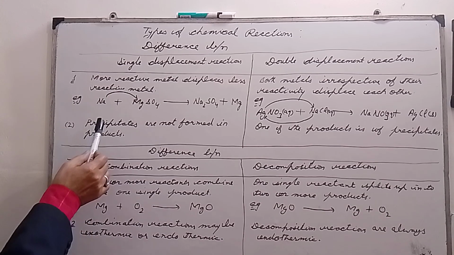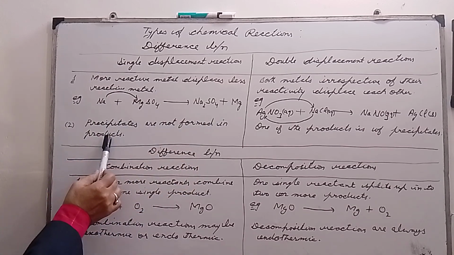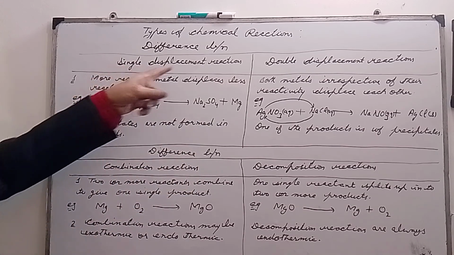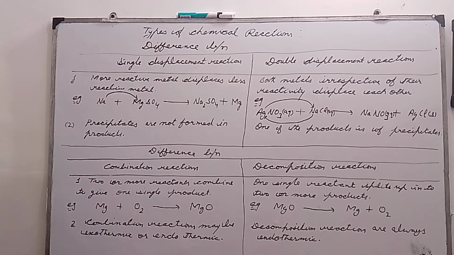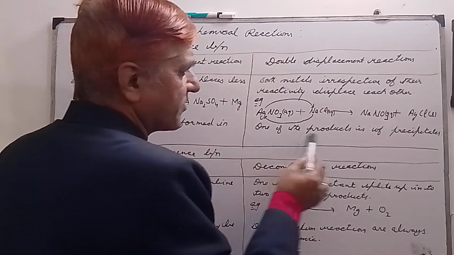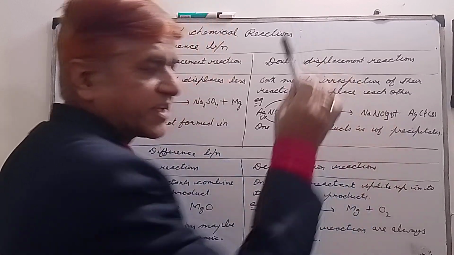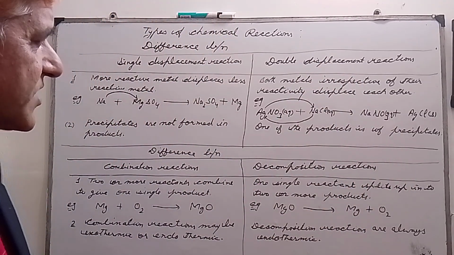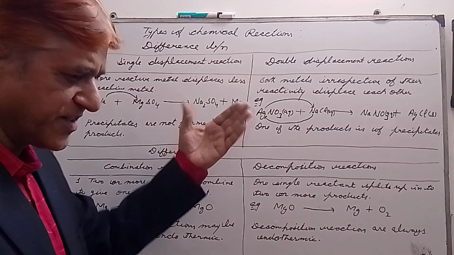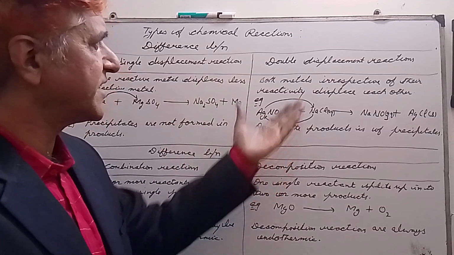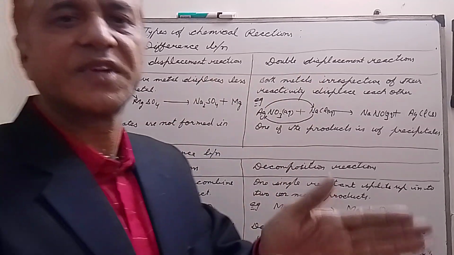The second point is that precipitates are not formed in the products in single displacement reactions, but in double displacement reactions one of the products is a precipitate. So my dear students, I think that single displacement reactions and double displacement reactions are clear to you.